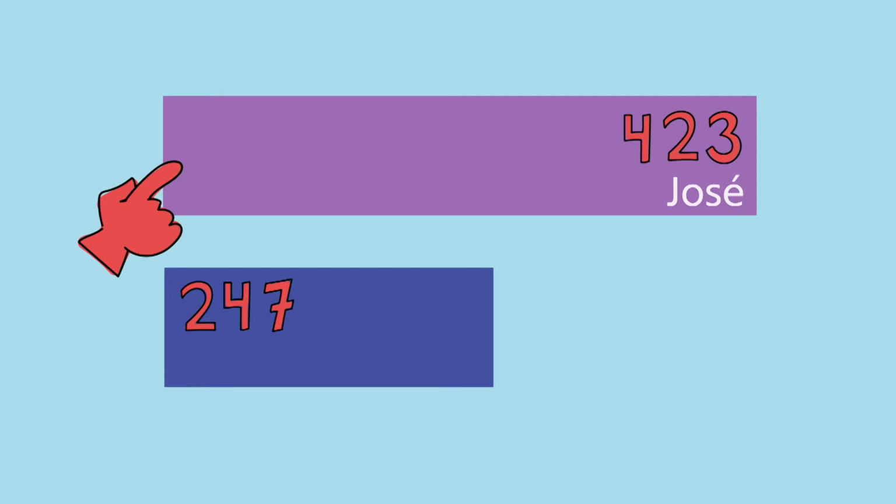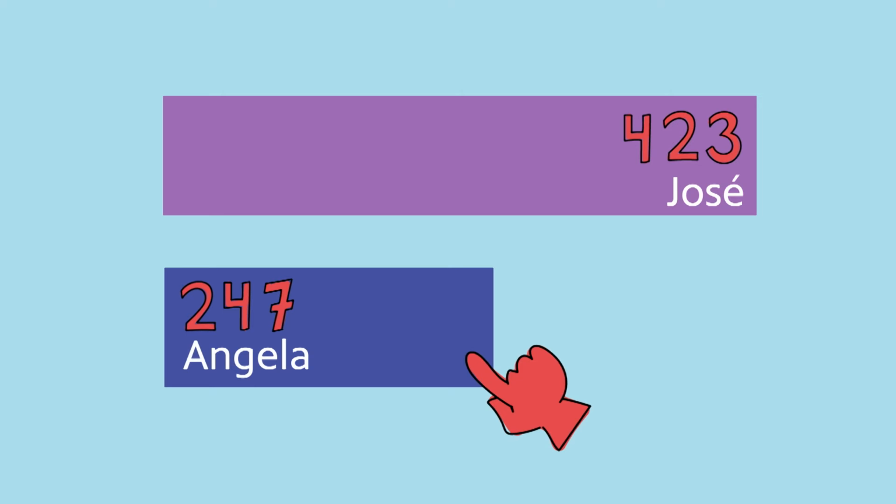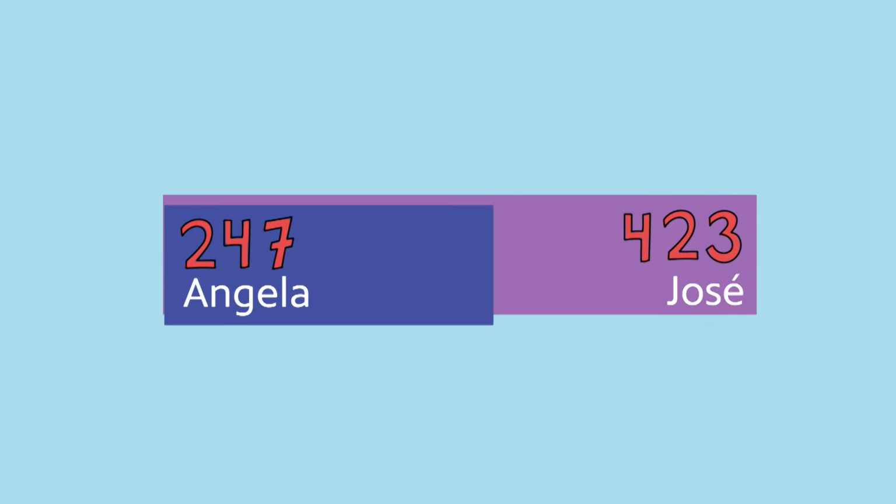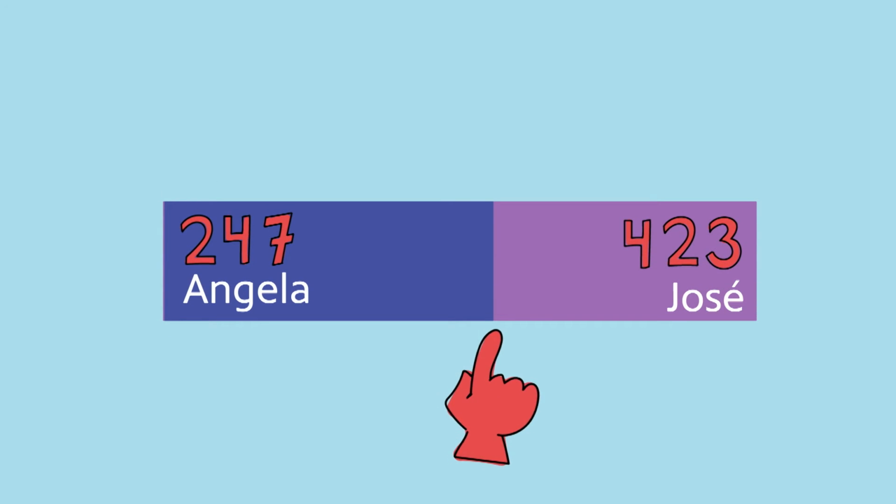The first bar shows us Jose's score of 423, and this one shows Angela's score of 247. If I compare Angela's scores to Jose's by putting Angela's bar on top, we can see that there is an unknown number of points needed to reach 423. That model really helps me better understand the problem.